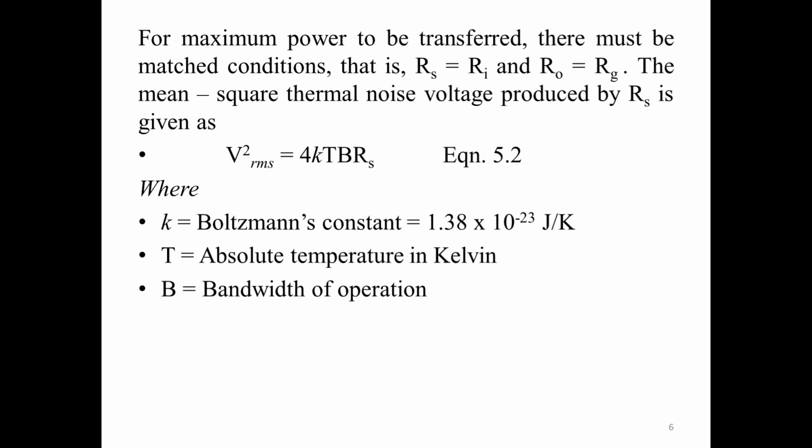The mean square thermal noise voltage produced by Rs is given as V_rms squared equals 4kTBRs, equation 2, where k is the Boltzmann constant given as 1.38 times 10 raised to the power minus 23 Joule per Kelvin, T is absolute temperature in Kelvin, and B is the bandwidth of operation.